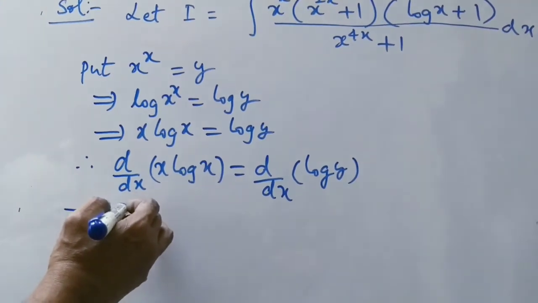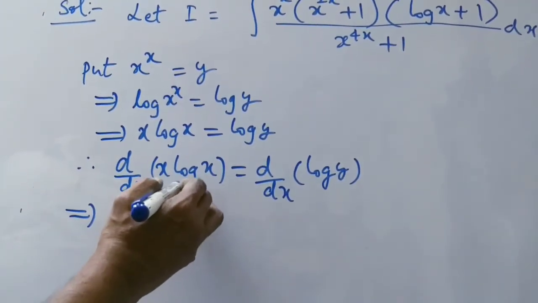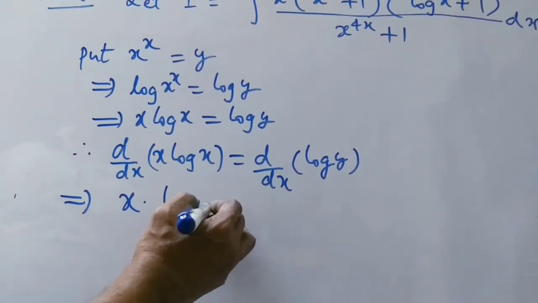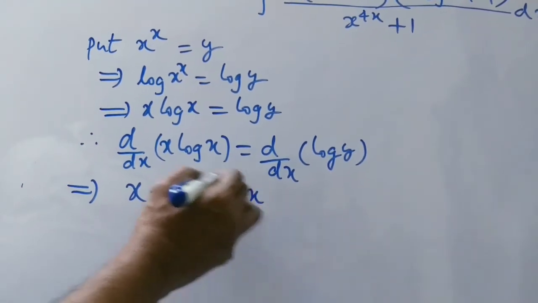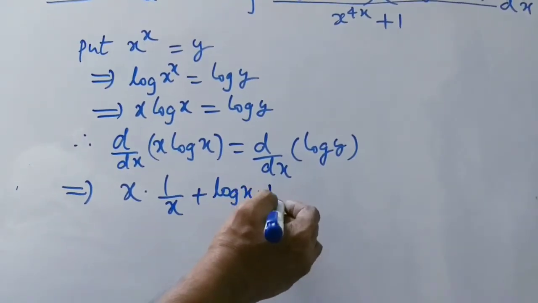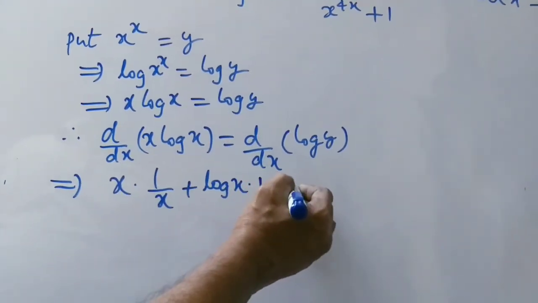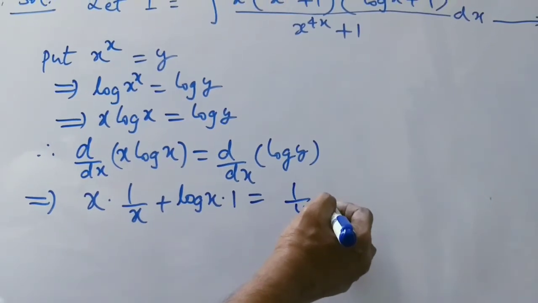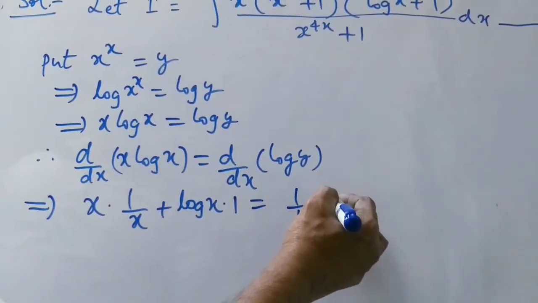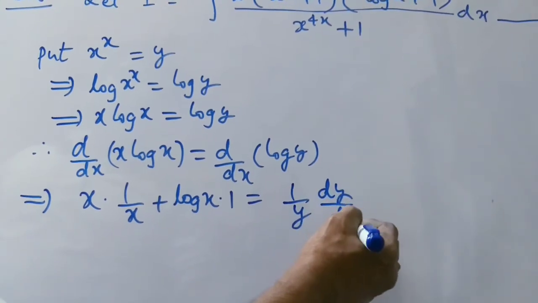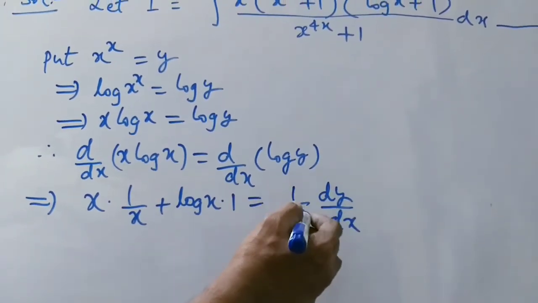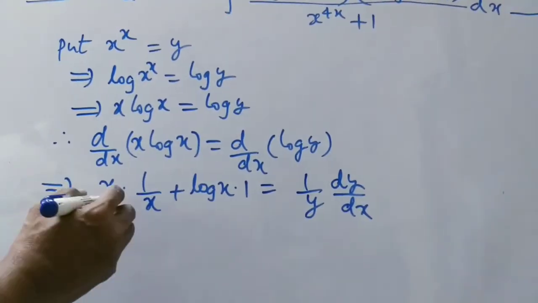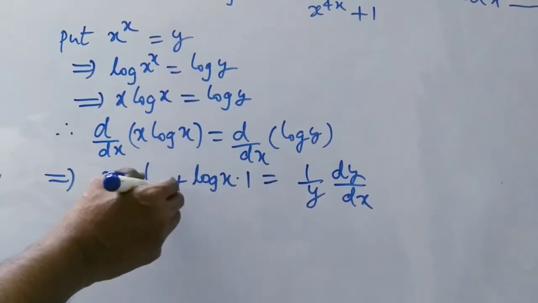That means here x into log x differentiation is x into 1 by x plus log x into 1, is equal to the differentiation of log y, which becomes 1 by y into dy by dx, according to the chain rule. Here the numerator x and denominator x are both cancelled.